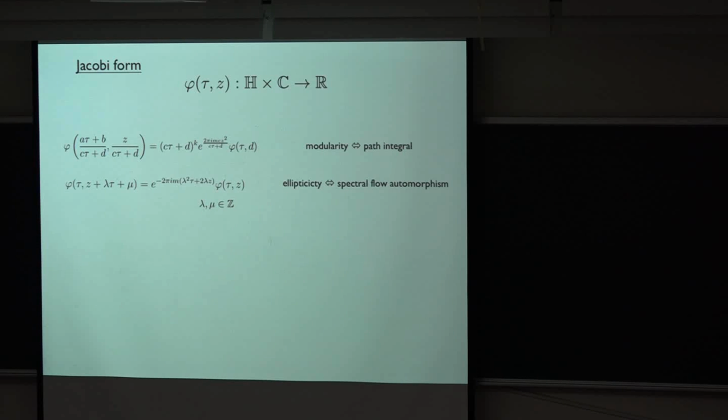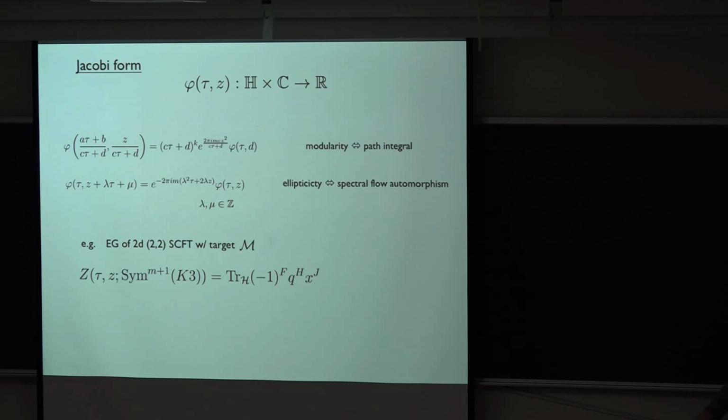And also for the other example, we can think of the Jacobi form. This is just a holomorphic function on the upper half plane and a complex plane. And they have the modular property, and also under the translation of the complex plane, we have the ellipticity of this function.